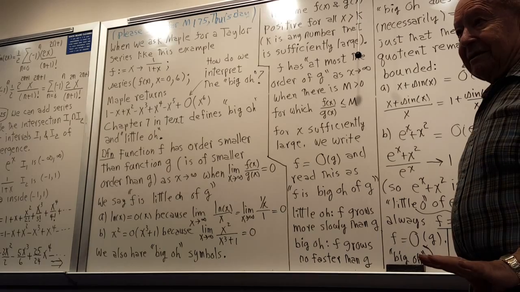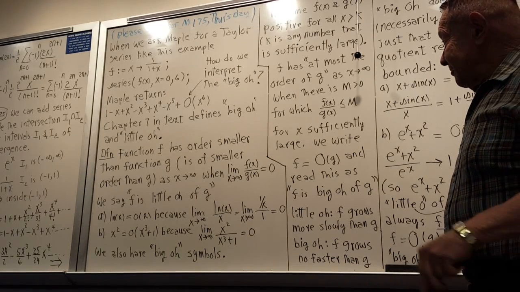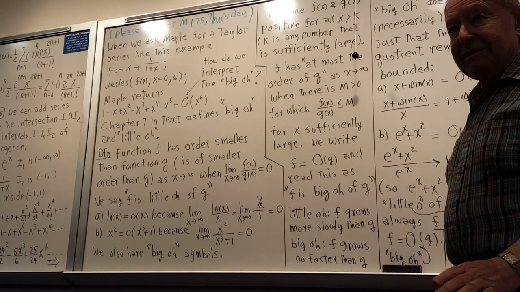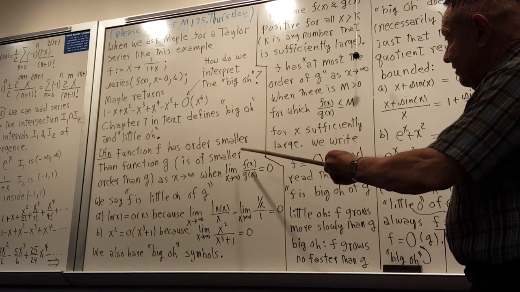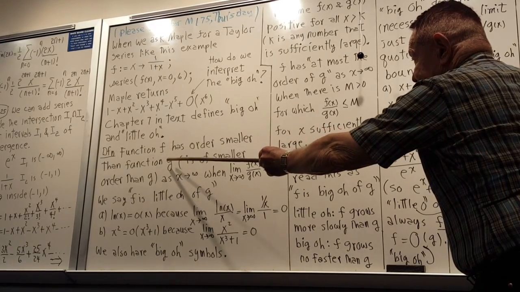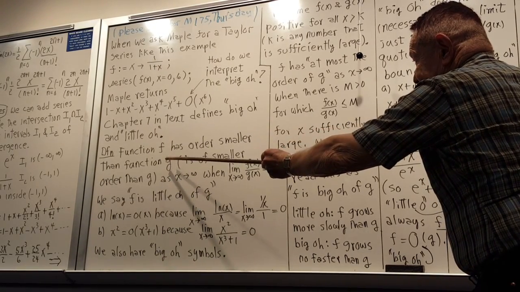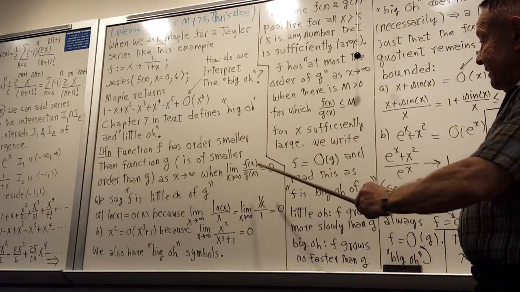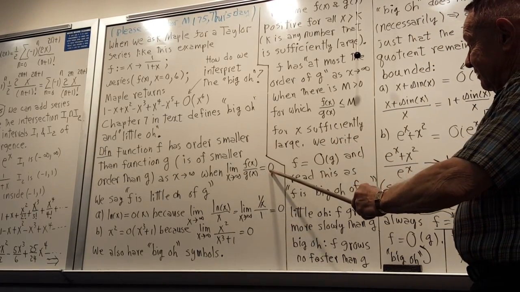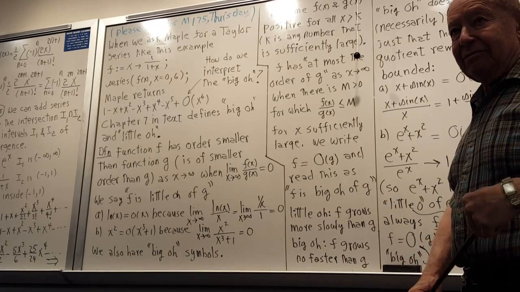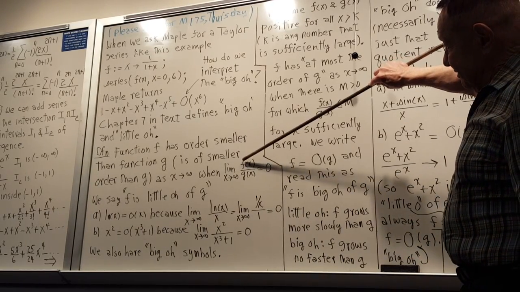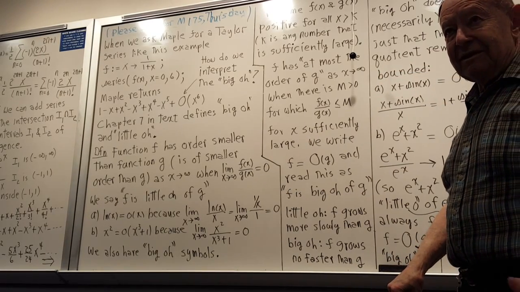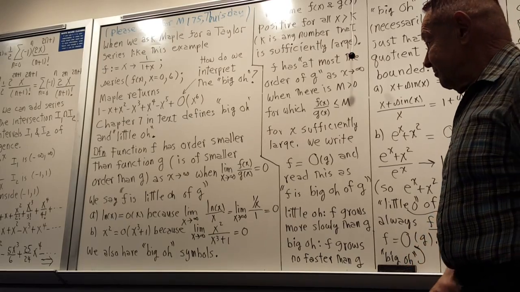So if you can, for example, set it up as a L'Hopital's rule limit as x goes to infinity of a function that you want to show is little o of another function g, has smaller order, you have that if your limit will be 0, which you might be able to get if your form is infinity over infinity, say, by doing successive derivatives or using some other limit theorem.